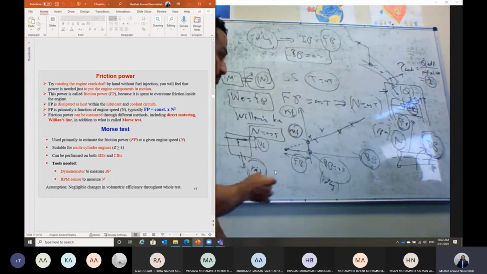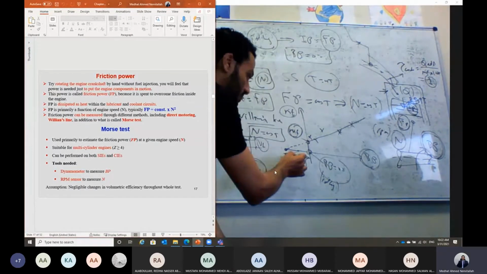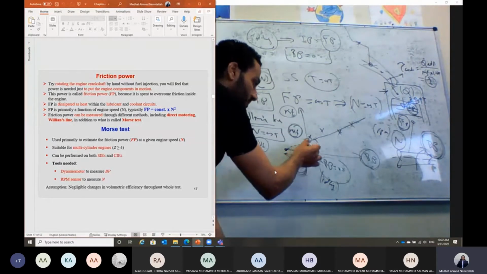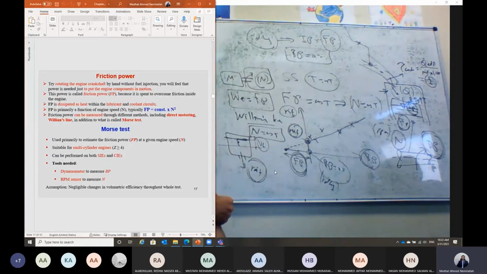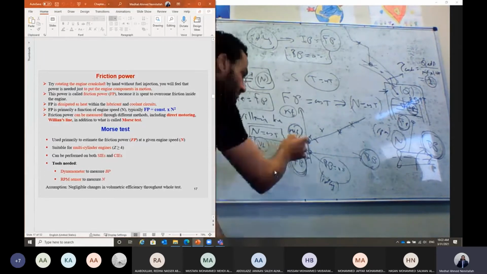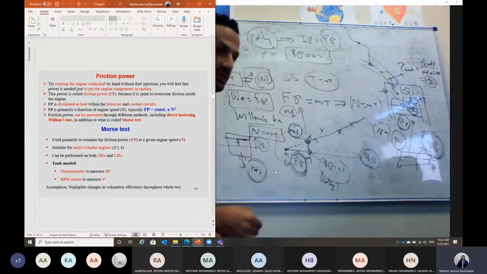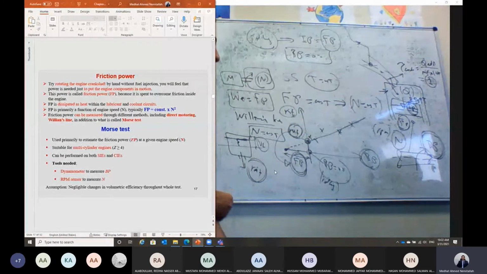So the friction power is the power corresponding to the idling condition. This mass flow rate of the fuel is what is consumed just to overcome the friction loss power at a given engine RPM.